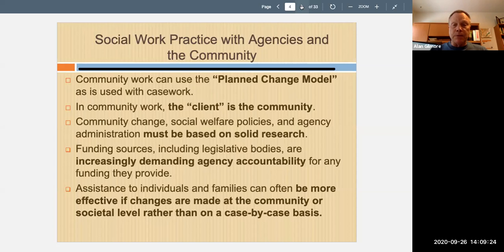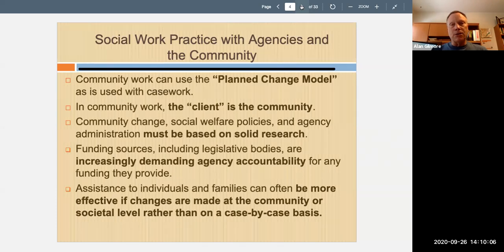Assistance to individuals and families can often be more effective if changes are made at the community or societal level rather than on a case-by-case basis. So if there's a condition or a situation in your community that really is not in the best interest of the people who live in that particular area, and initially you're simply trying to address it one case at a time, obviously you're going to have much more significant impact if you're able to make a community level change so that you're not having to address the same thing over and over again.